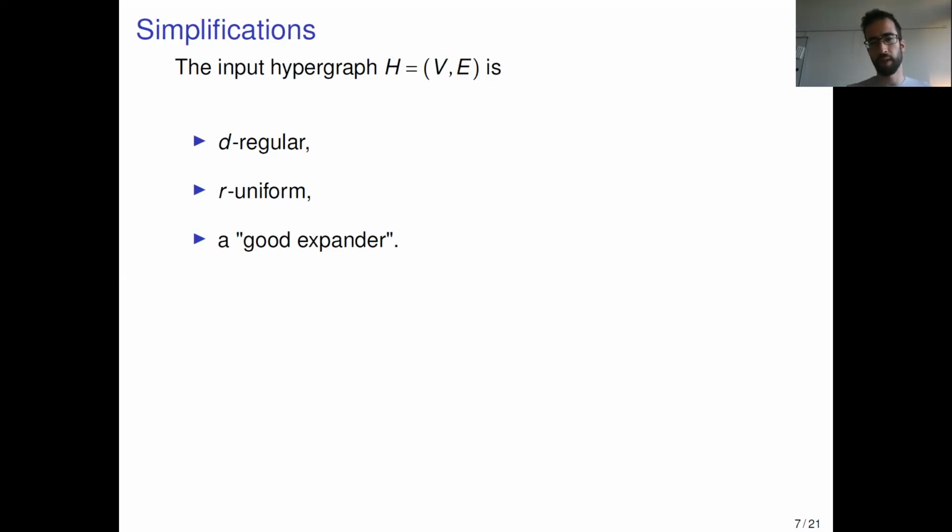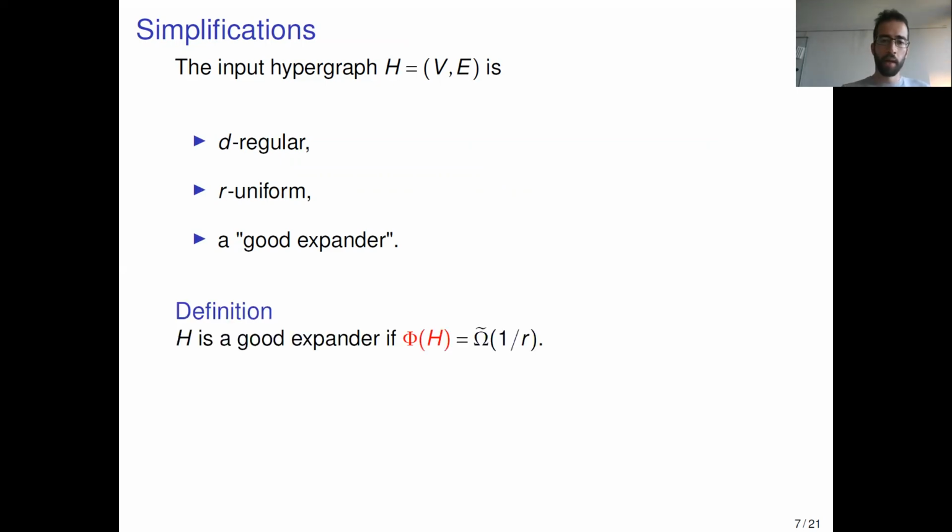So first of all, what is a good expander for r-uniform hypergraphs? For ordinary graphs, we would expect to call something a good expander if it has expansion that is constant, or in the worst case, inverse polylog n. But this is actually not the case for hypergraphs.